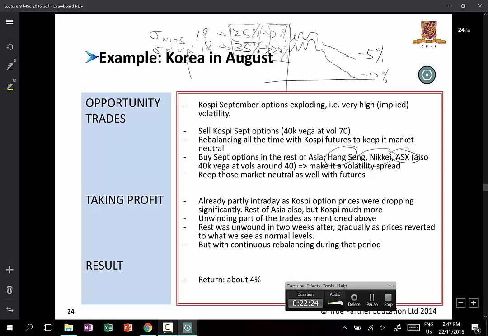What matters is that if you are going to long this one and you're going to short this one, what matters is that the gap has to close, okay, from 10 to 8. And it doesn't matter whether it's the Japanese vol going up or the Korean vol coming down. Quite likely it's going to be a bit of both, okay, and that's how you would make money. Okay.